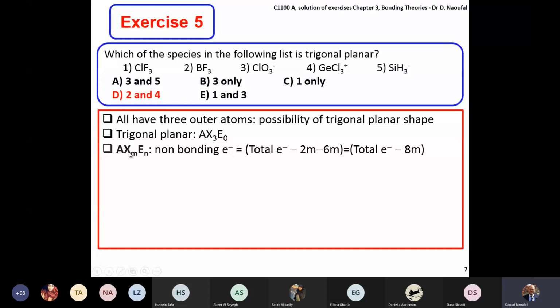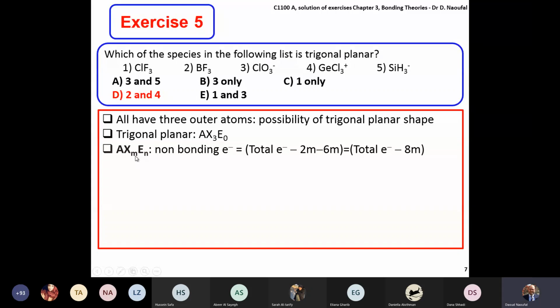A is bound to another X, another 2 electrons, and to the third X, another 2 electrons. So A is bound to M X atoms, so I have 2M bonding electrons.